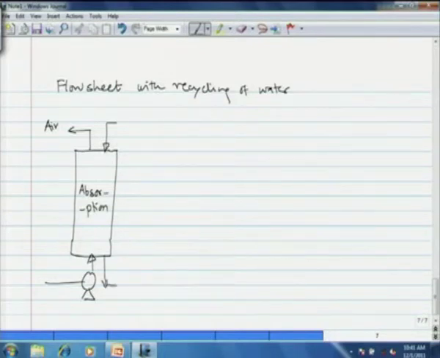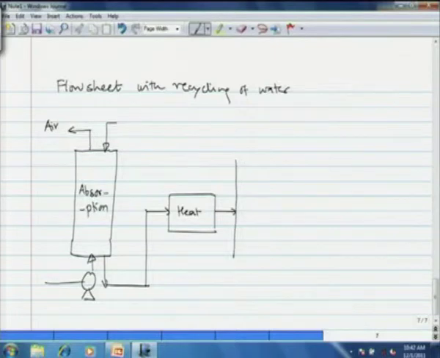The stream emerging from absorber contains water with dissolved acetone, which is heated. Then the distillation column.